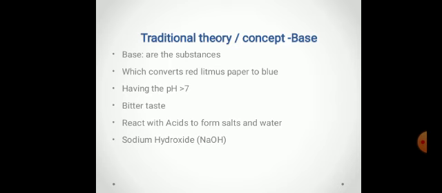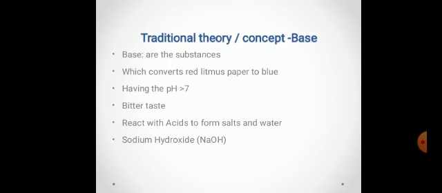Next, according to the traditional theory, a base is a substance which converts red litmus paper to blue. It means when red litmus paper is dipped in an aqueous solution and turns blue, it indicates the solution is a basic solution or the substance is a basic substance.